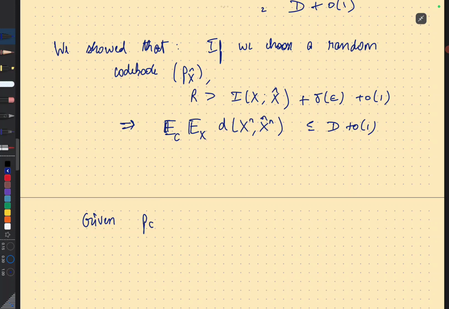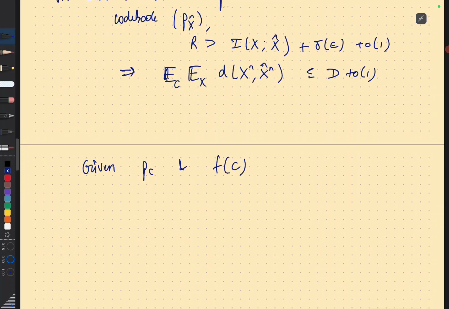In this case, the c corresponds to our code book. And you have some function of this random variable c, and you know that the expected value of f of c is less than or equal to some number, f bar.